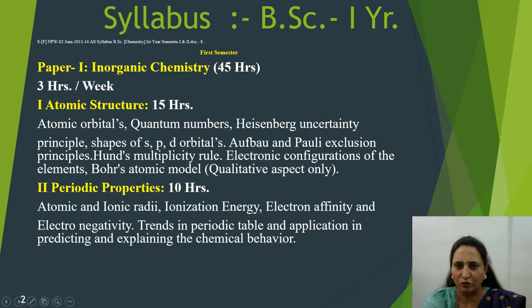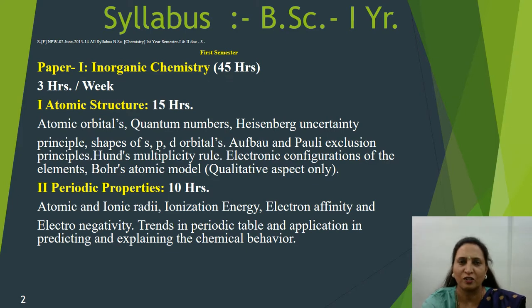Now before going to your topic, you have to know the syllabus for your inorganic chemistry paper. This is your syllabus, which includes a total of 4 topics. First topic is atomic structure.